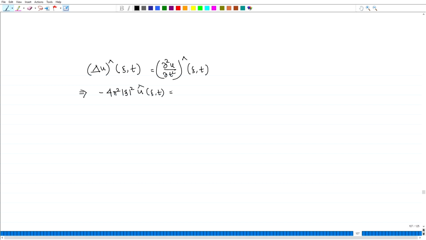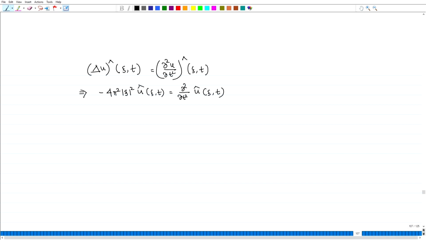To compute the Fourier transform on the right hand side, we have seen that the operators del by del t and del square by del t square commute with the Fourier transform, because we are assuming nice conditions, we can take the derivative outside the integral. So, what we get is del square by del t square of u hat xi t.